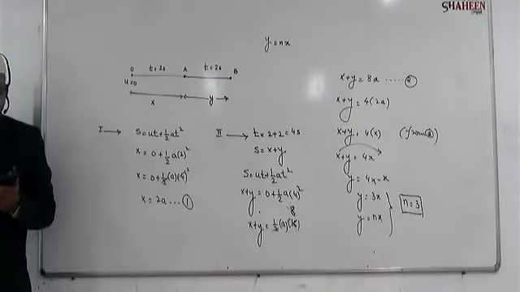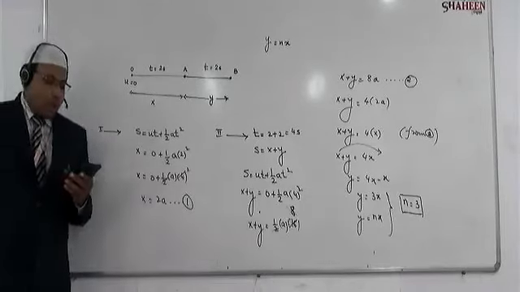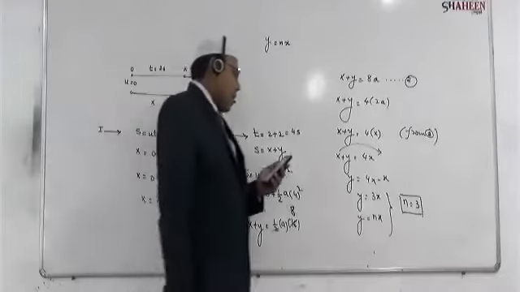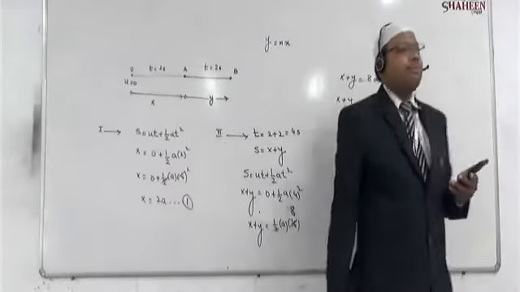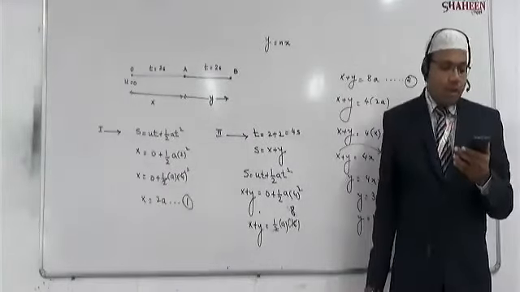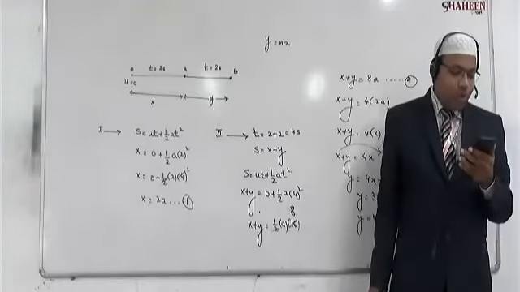Okay, next question. A cricket ball is hit at 45 degree. This is question number 7 from your question paper.